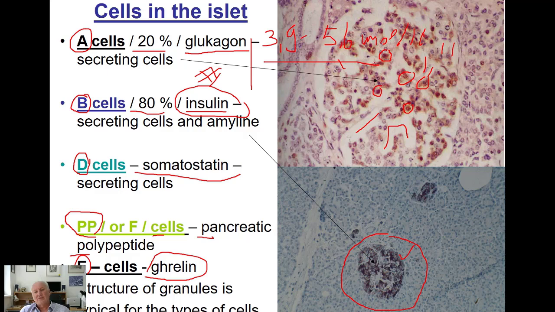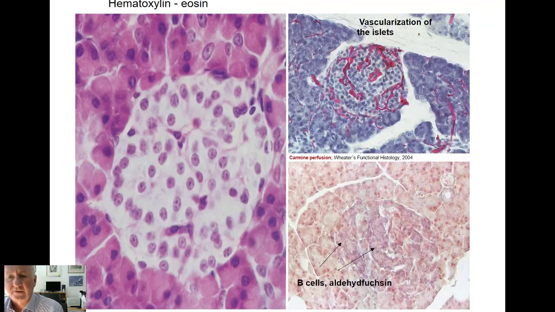The cells, B cells and A cells, react in their production to the level of glucose in the blood. Glucagon is a smaller polypeptide, only 38 amino acids. Insulin is composed of 51 amino acids. So the structure of insulin will be covered later in biochemistry and in physiology.